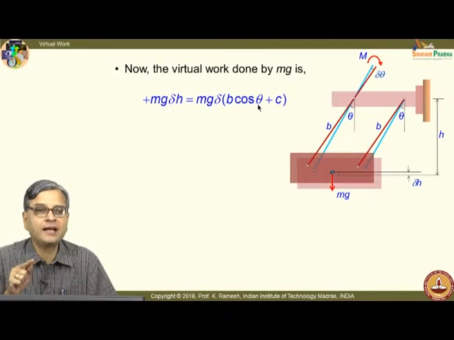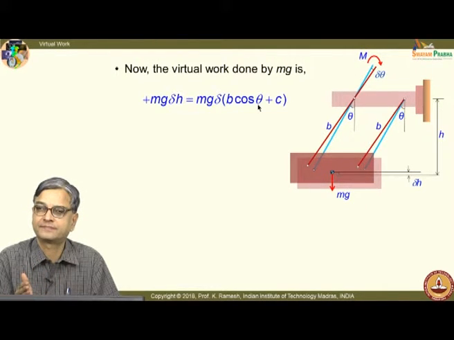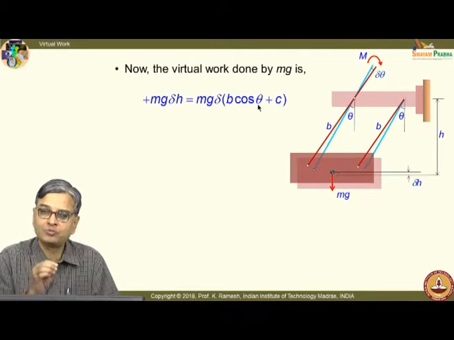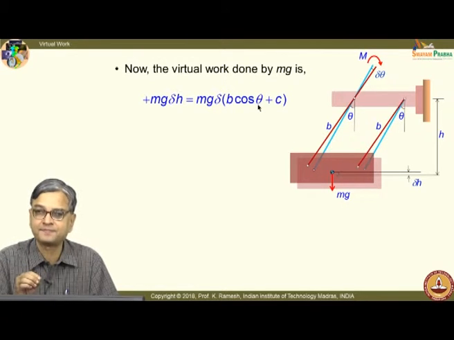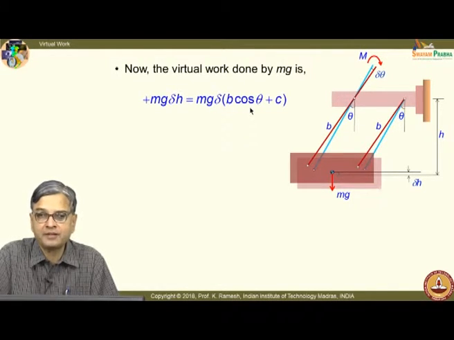When I put delta, for all practical purposes, I treat it as small d. I would do the differential. While we do virtual work, we will consciously use only delta to indicate that we are dealing with virtual quantities. And when I do this, what way will this expression turn out to be?